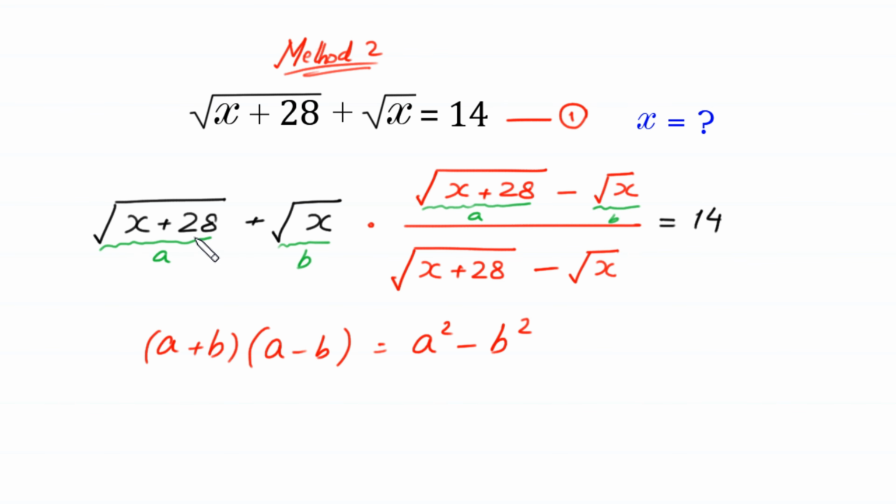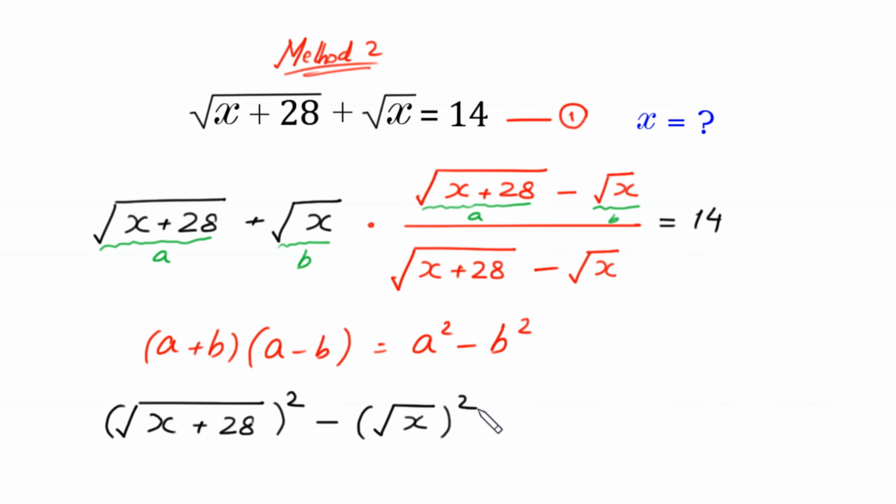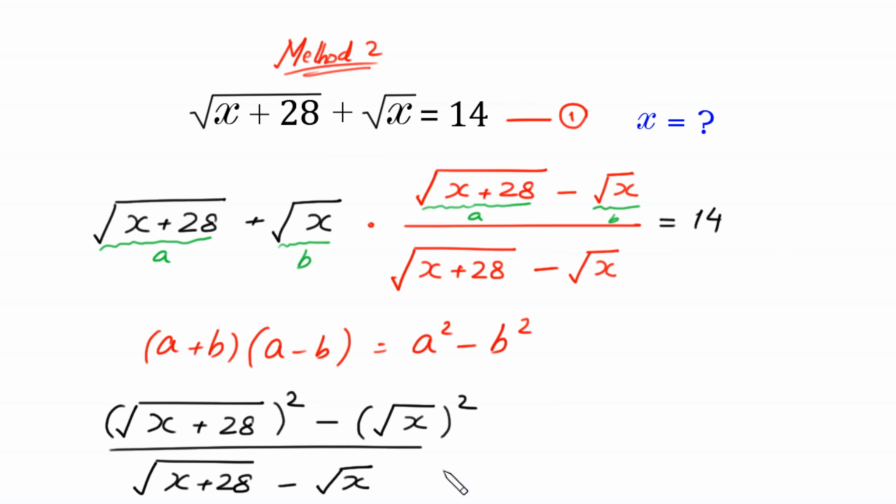So square root of x plus 28 plus square root of x times square root of x plus 28 minus square root of x becomes square root of x plus 28 squared minus square root of x squared, divided by this expression square root of x plus 28 minus square root of x is equal to 14.